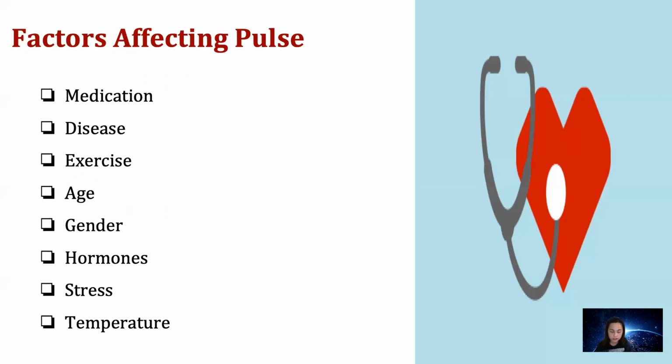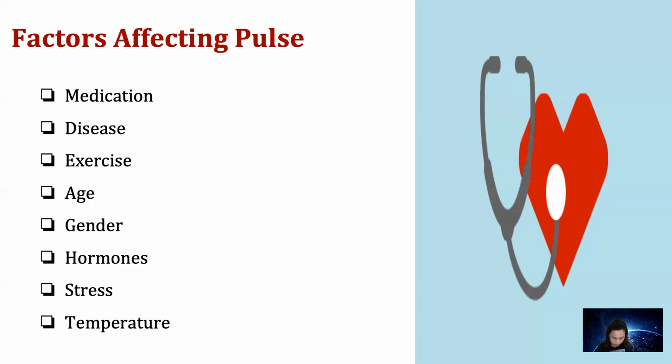So we have factors affecting also the pulse. We have the medication. Maraming gamot ang nakakaapekto, nakakapagpataas or nakakapagpababa ng pulse. Disease, okay? Kung may sakit ka sa puso, may mga sakit sa puso na nakakapagpababa ng pulso. Exercise, once na nag-exercise ka, nag-workout ka, mas mataas ang pulse rate mo.